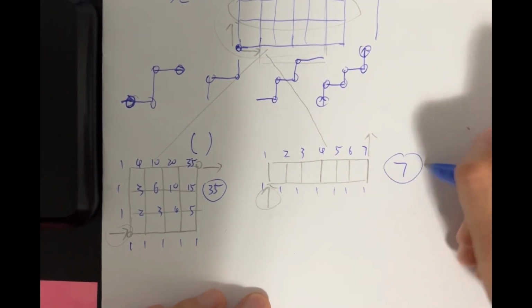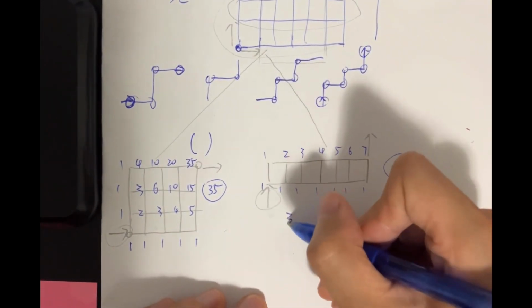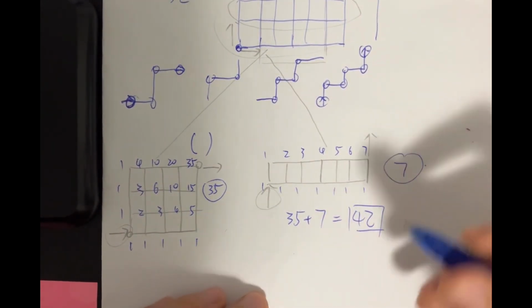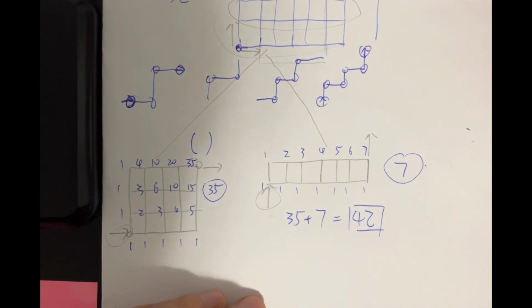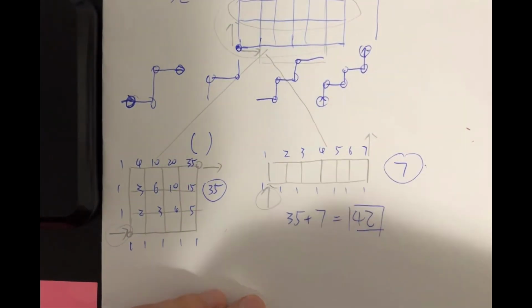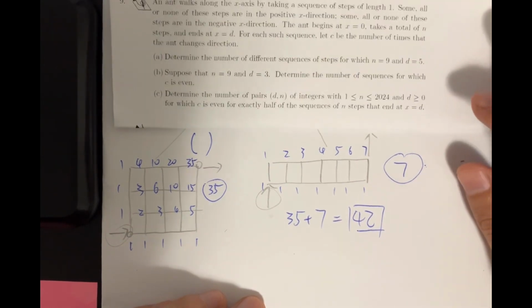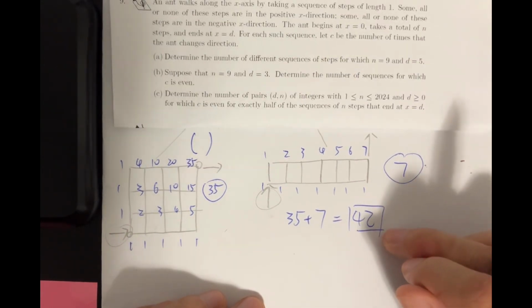We've got 7 over here, so the answer should be 35 plus 7. That is 42. We've got 42 different sequences for which C is even. The number of turns is even. All right, and this is the solution to problem B.